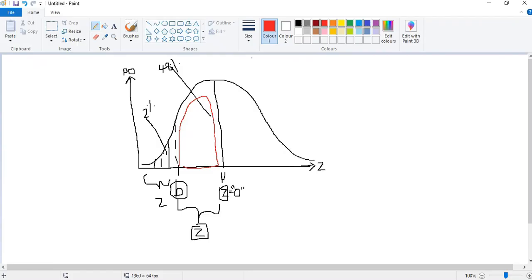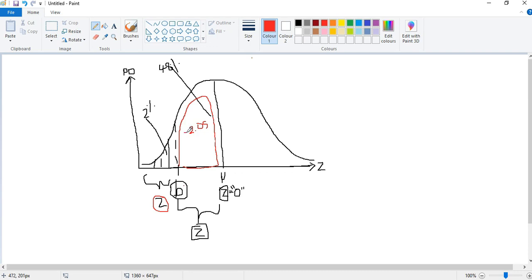If you take this diagram, the z value we have to search for is this z value, because this is only less than this z value, isn't it? So the z value of this particular red zone is 2.05, right? So that means what?